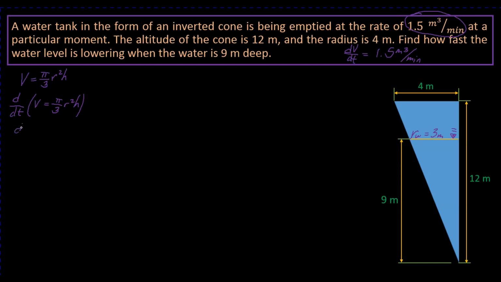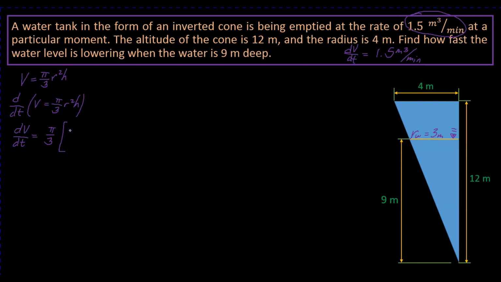Of course, this is dV over dt for the left side of the equation. Now for the right side, we are taking the derivative of two variables, right? The values of r and h are changing with respect to time. So to take the derivative of r squared times h, we remove the constant pi over 3 already, and we need to use the product rule.